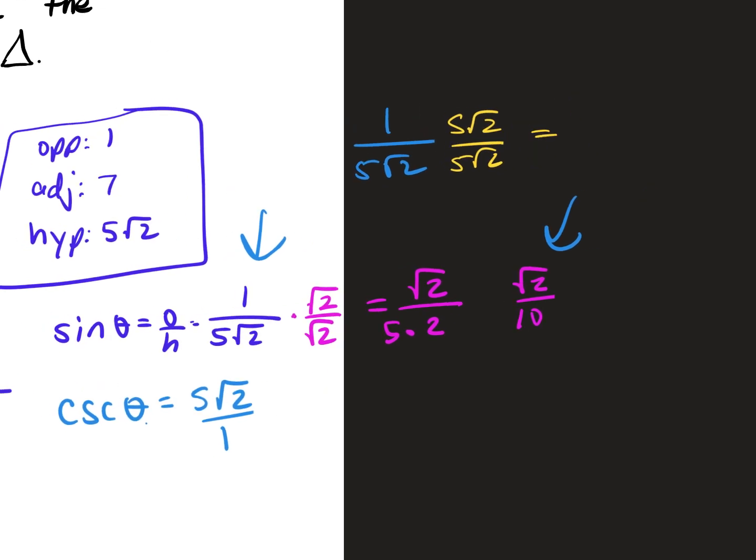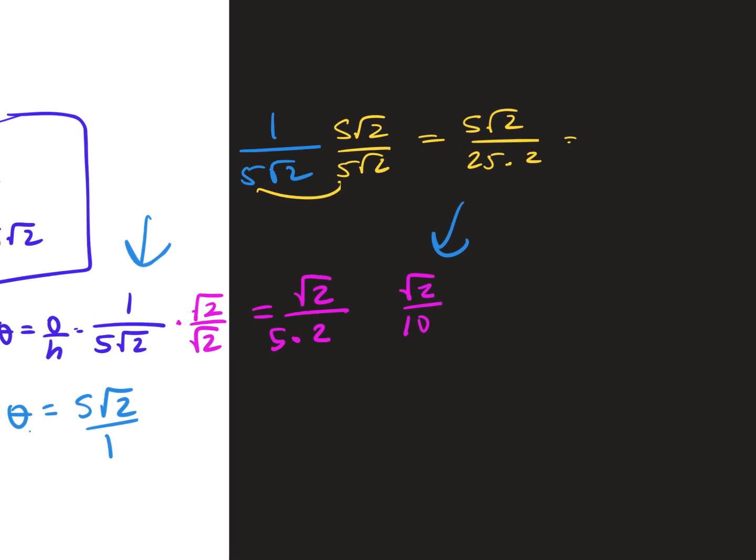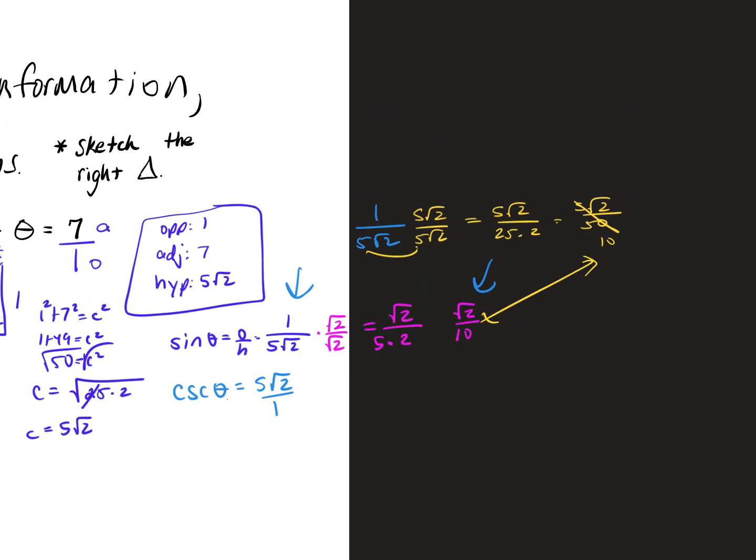So this becomes 5 square root of 2 over, well, 5 times 5 is 25, right? Times square root of 2 times square root of 2 is 2. So then you have 5 square root of 2 over 50. And then when you simplify, this becomes square root of 2 over 10, which is what we got right there. So you can do it. You just have to remember to simplify more at the end.